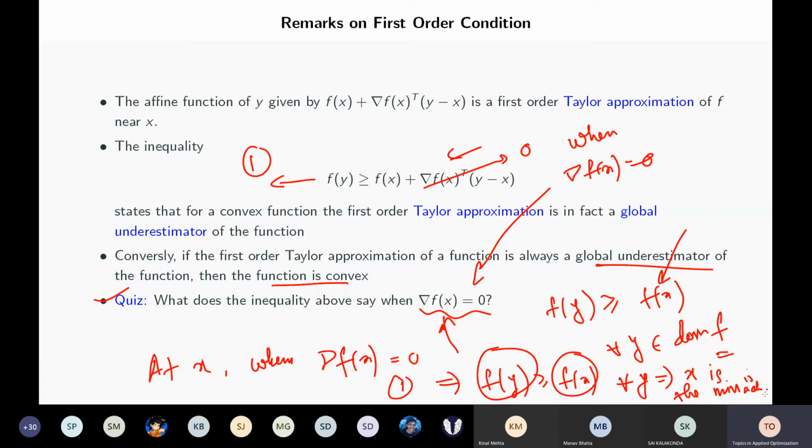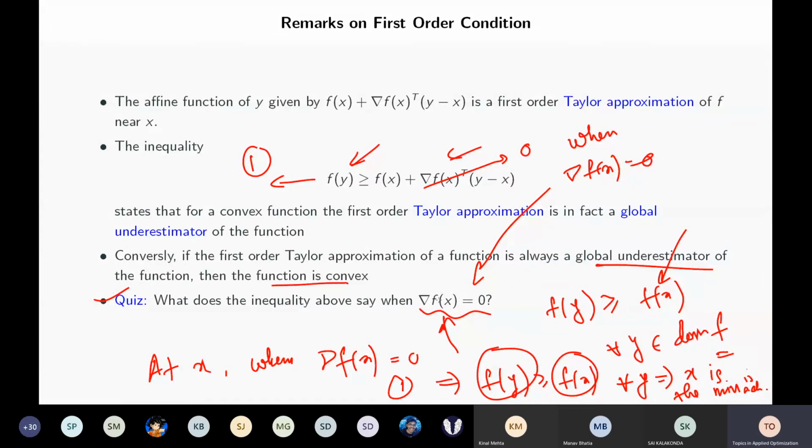So how do we interpret this? Let us say that for a function, for all x and y, this is satisfied, and there exists one x, to distinguish it from all the x used here.